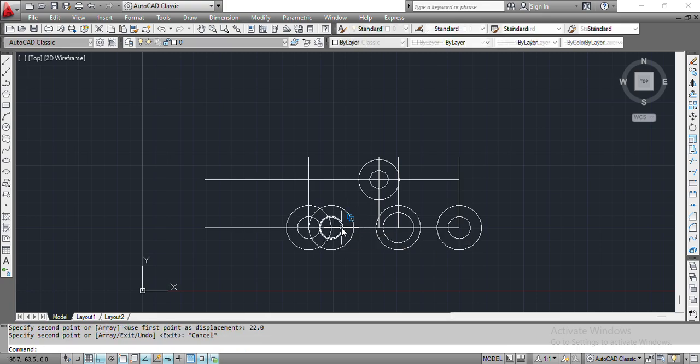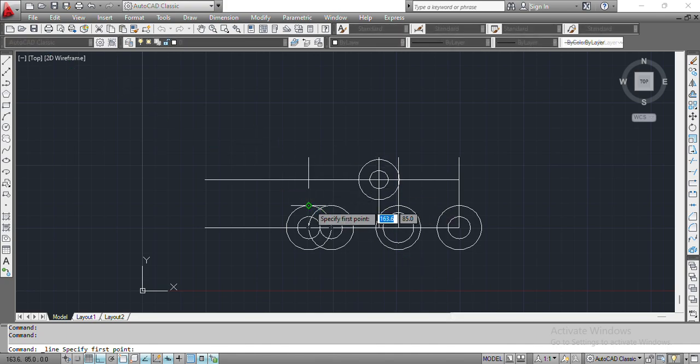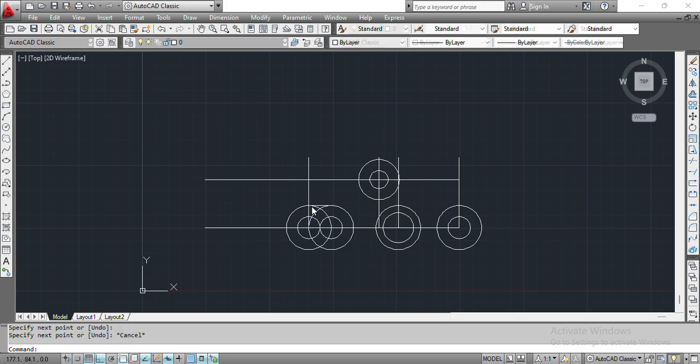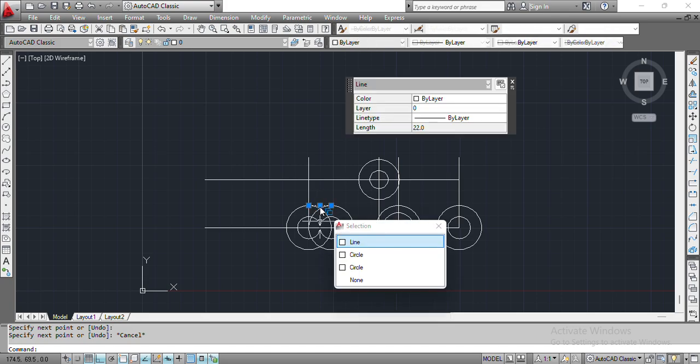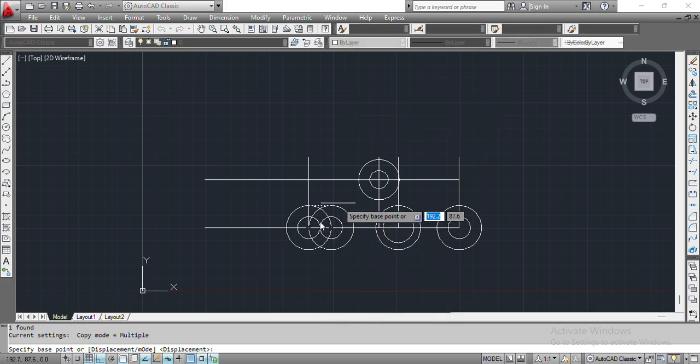Well, after that we then join their quadrants with a line. Join the quadrants with a line and copy the quadrant.